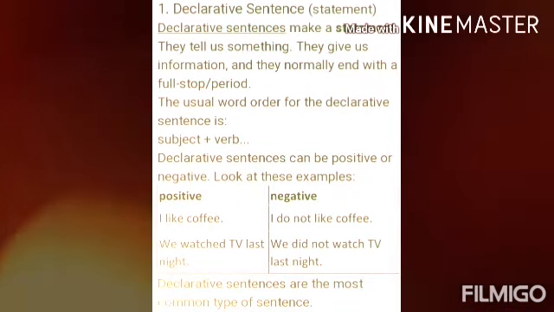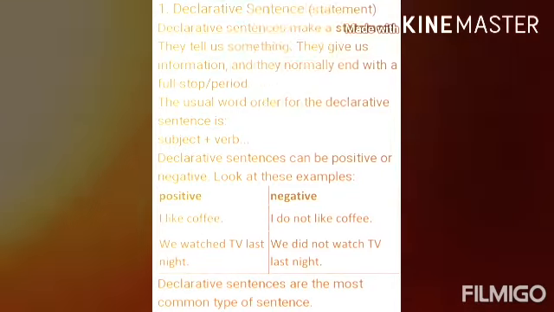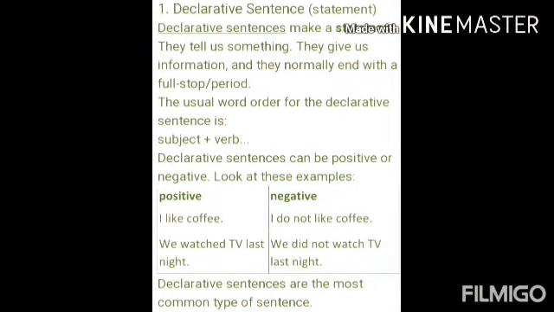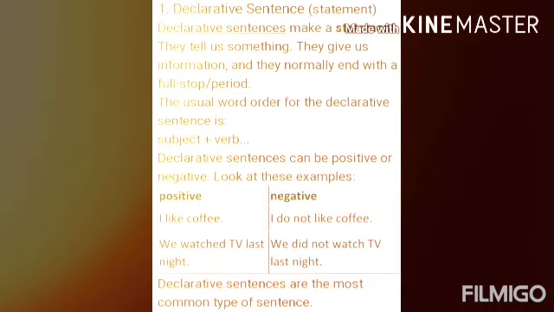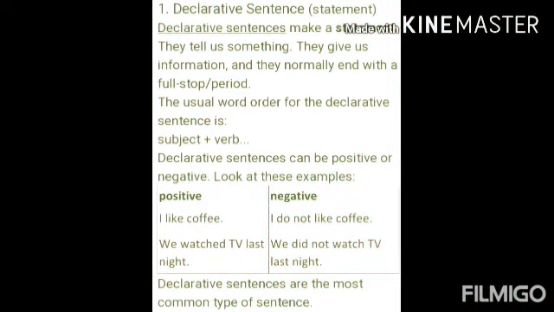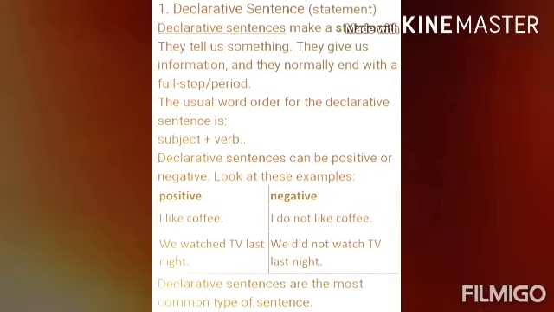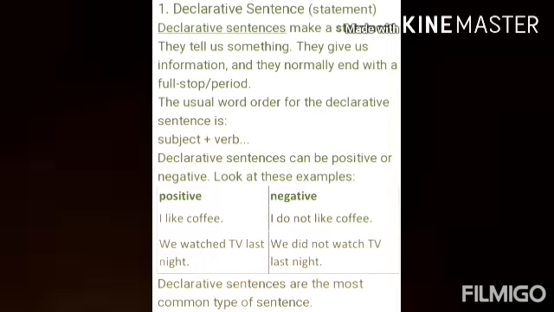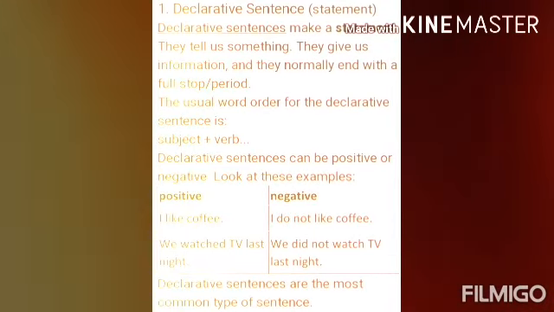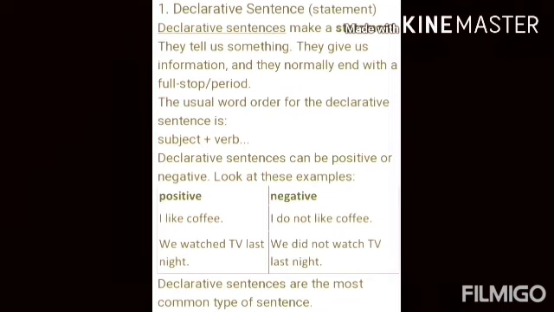Who watched? We watched. So it is telling about something, someone. Declarative sentences are the most common type of sentence. In this sentence, they will tell something.